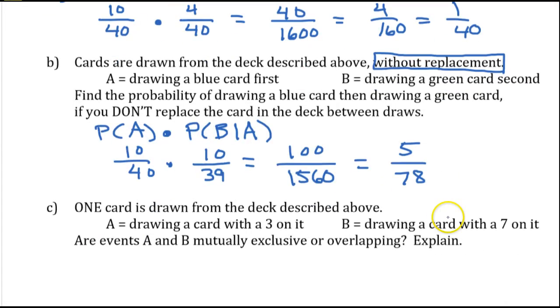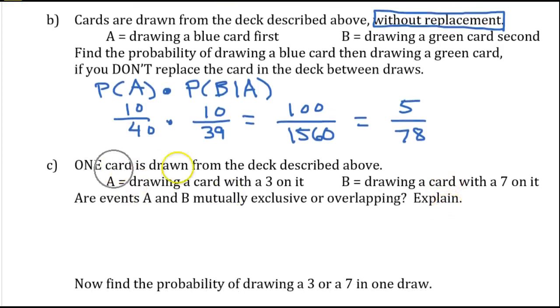Okay, let's keep going. One card is drawn from the deck described above. All right, so event A is drawing a card with a 3 on it. Event B is drawing a card with a 7 on it. Okay, are these events mutually exclusive or overlapping? Well, we're drawing one card.